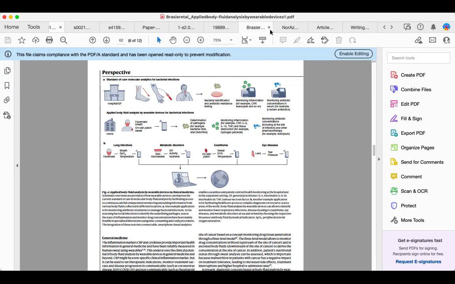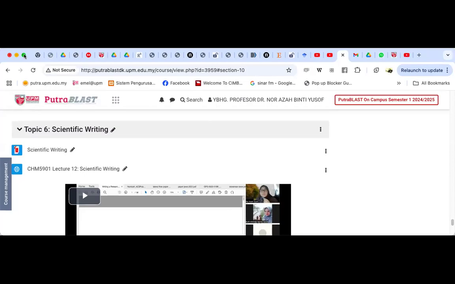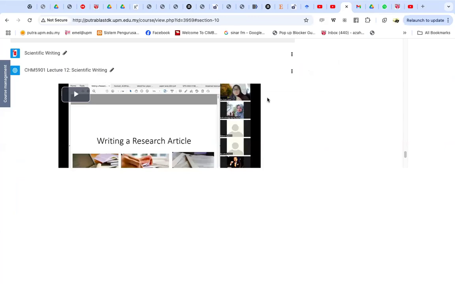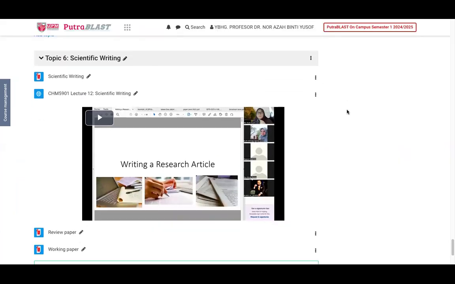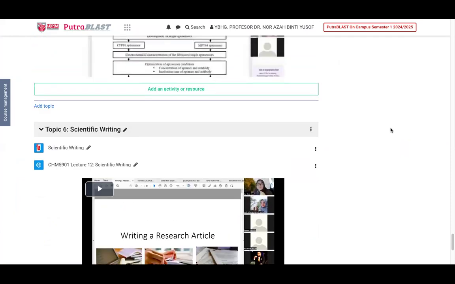So I would like to share what I have put in the Putra Blast. So this is what is in the Putra Blast. Today we have discussed the review paper example. I have not discussed the normal working paper, so we can do that next week.